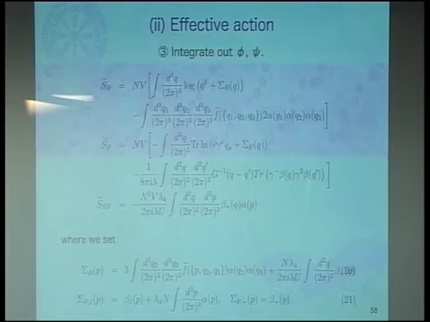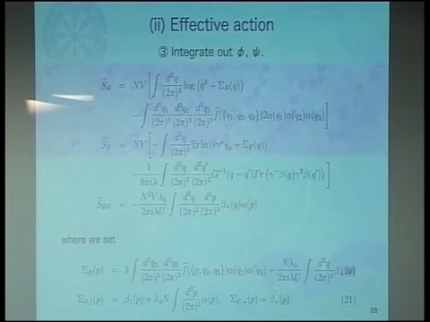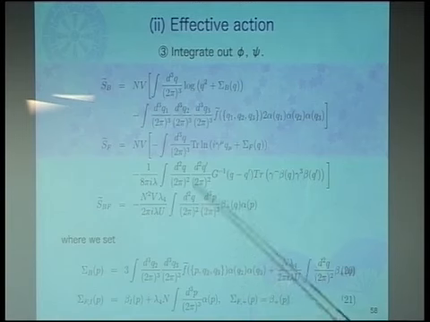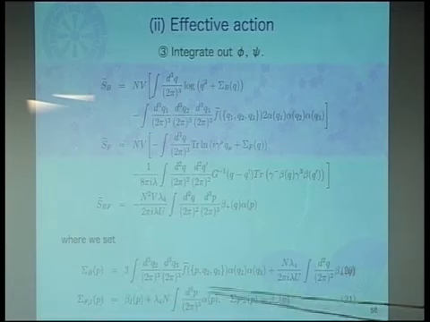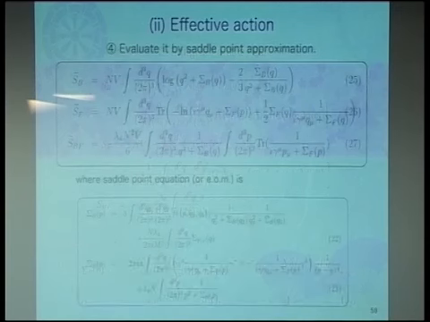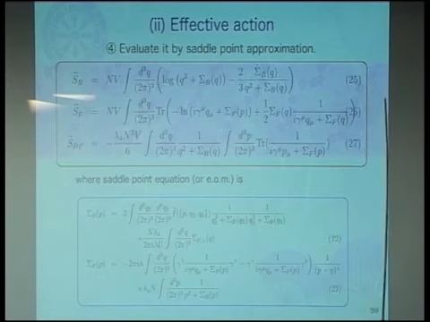Now the resulting action is quadratic in phi and psi, so you can integrate out psi and phi by Gaussian integration. The result is the following. Now I change some notation, like this here. And to obtain the leading order in large N, we evaluate this action by saddle point approximation.